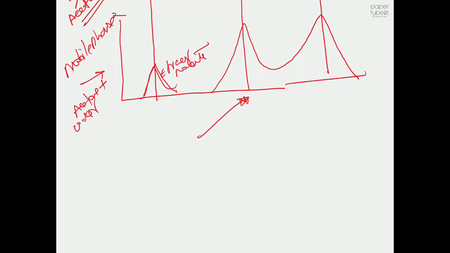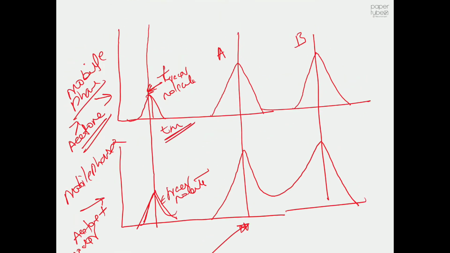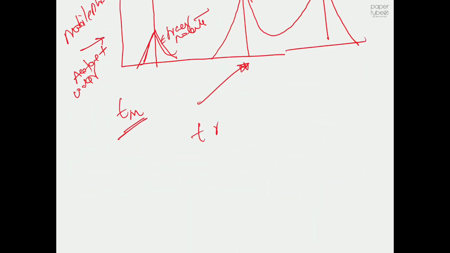In this case we see that the TM, the retention time in the mobile phase, is constant for both cases, and the retention time is also the same for A and B. I already talked about TR, the retention time.